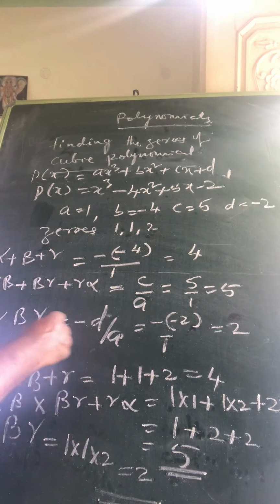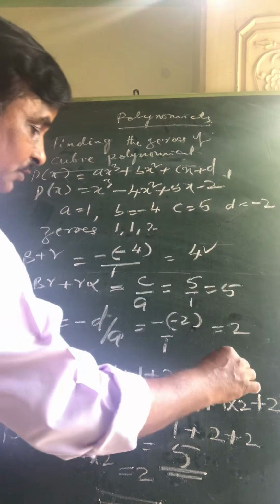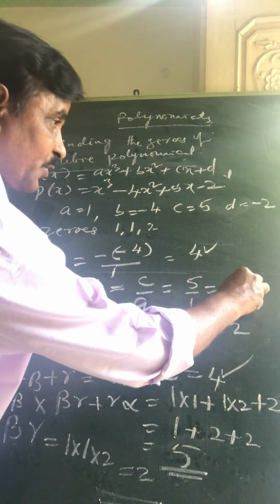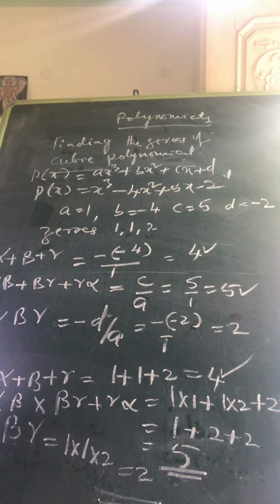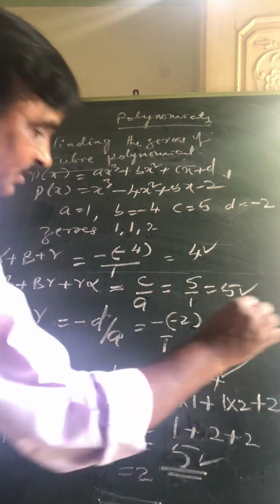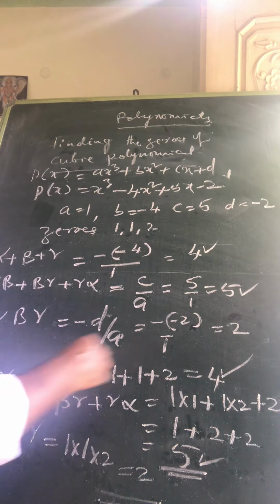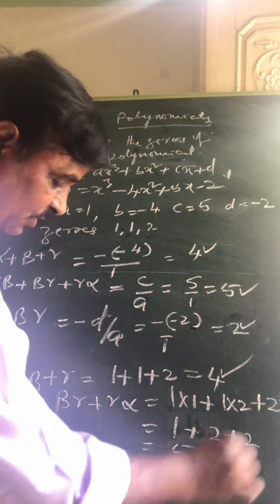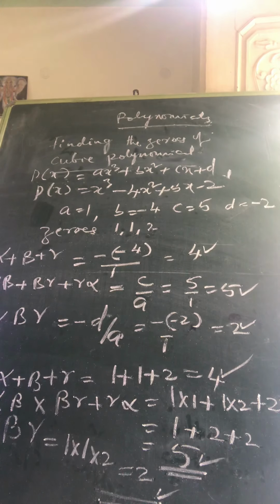See here, the sum of the zeros is 4 and 4. The sum of the product of zeros taken 2 at a time is 5 and 5. The product of the zeros is 2 here and 2 here. Therefore, we have verified the relation between zeros and coefficients of a cubic polynomial.